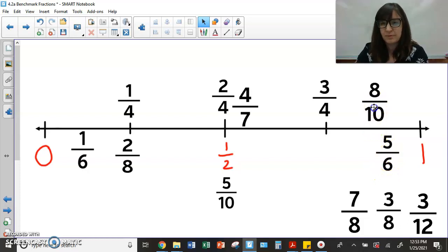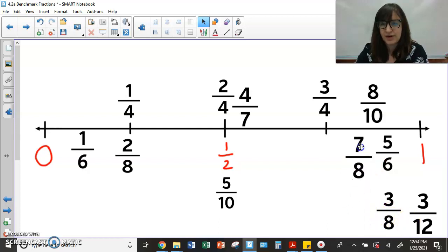So these are probably pretty close to each other. I would probably check these with cross multiplication, but I am going to estimate that this is slightly less than 5/6 because it's 2 away from 1 whole instead of 1. But the pieces are different sizes, so I probably would want to go back and check my work. These are probably going to be pretty close to each other in terms of their amounts.